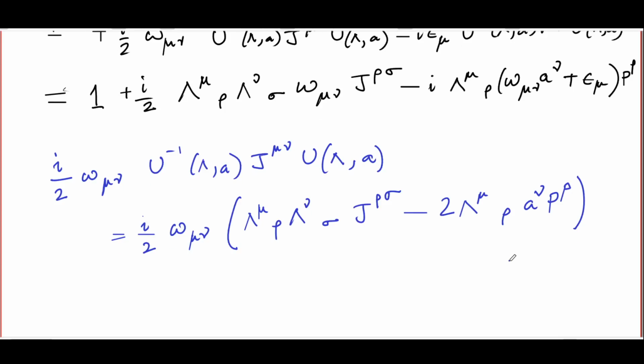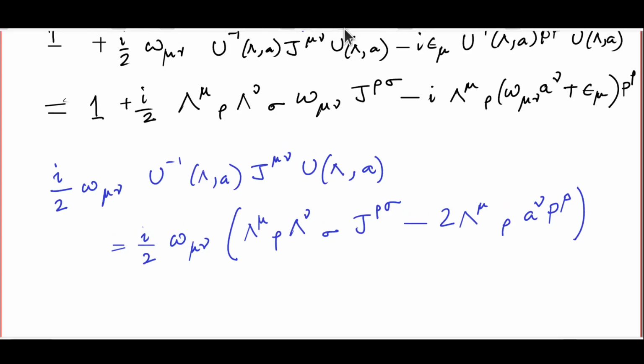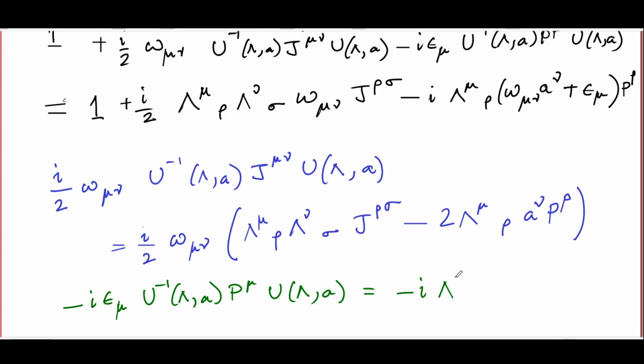On the other hand, if you just take the terms with epsilon mu on both sides, what you are going to get is the following. Minus I epsilon mu U inverse lambda A P mu U lambda A, the transformed version of the momentum operator, must match minus I epsilon mu lambda mu rho P rho.